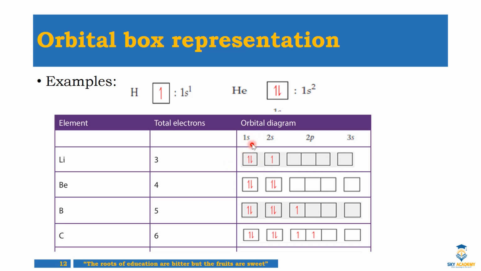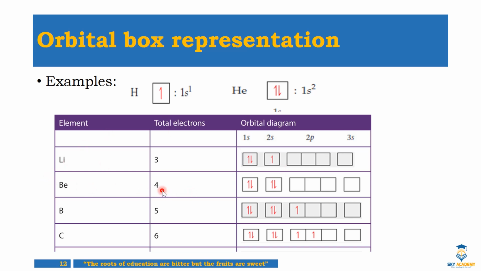For 1s2, one electron needs to spin up and the other needs to spin down. So no problem with this.